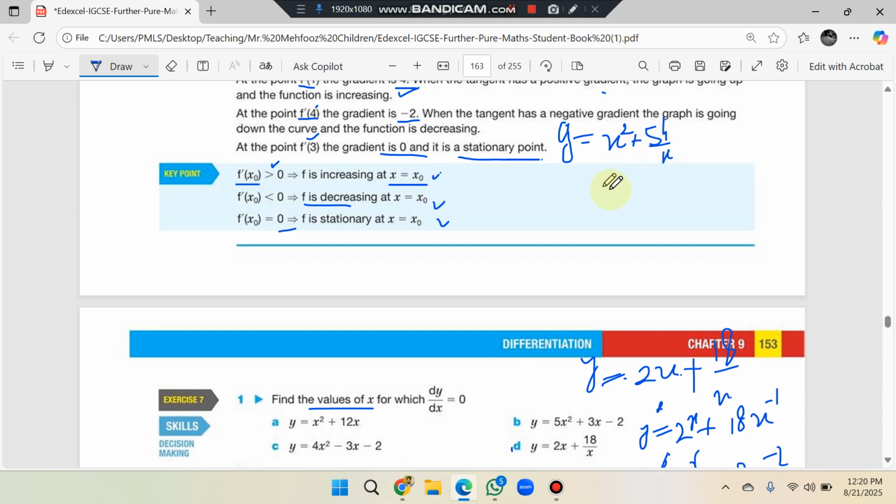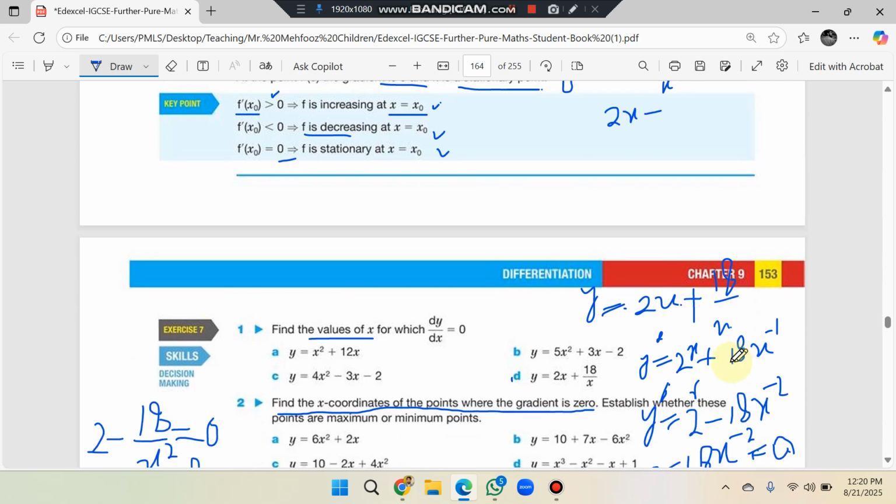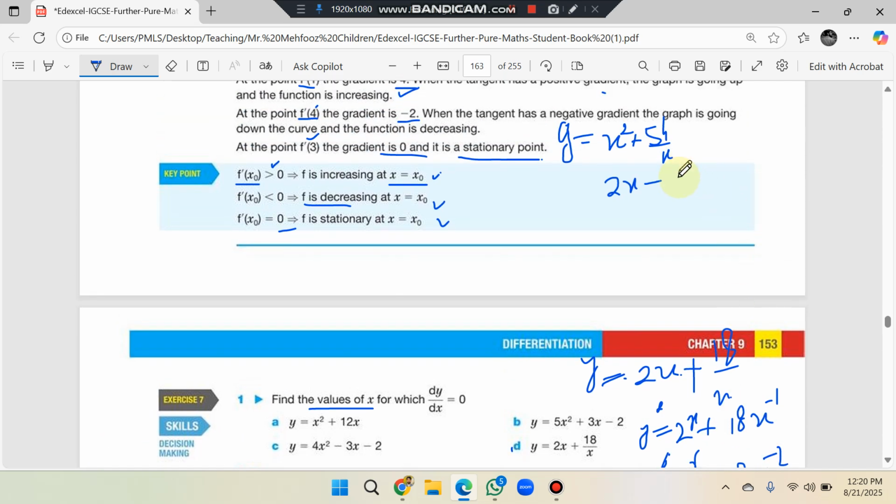First of all, I take the derivative, it becomes 2x minus, I just write according to the previous, but I simplify it using this step, it becomes minus 54 x raised to the power minus 2. Do you understand or not?